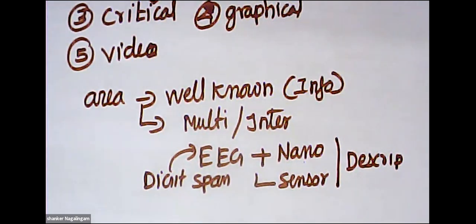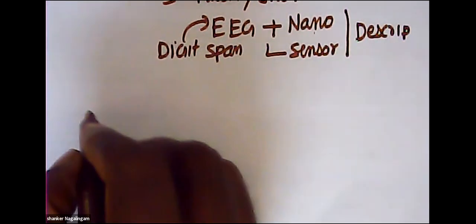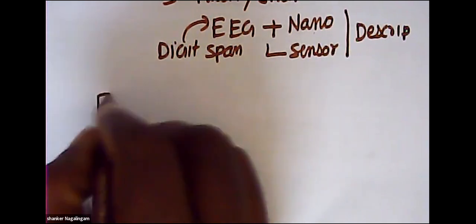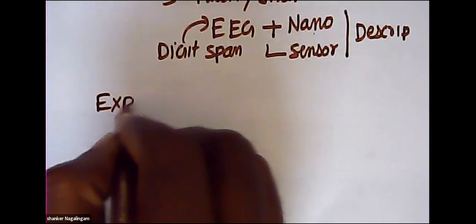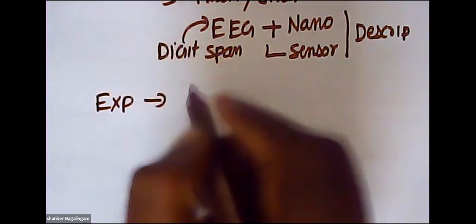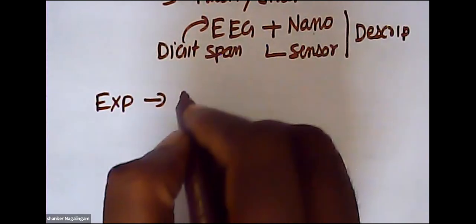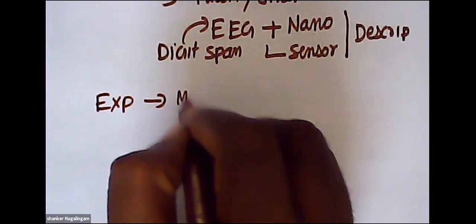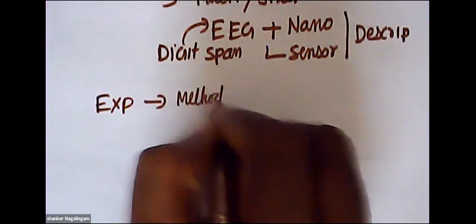If at all you want to do the writing, we can do it in this fashion. You start your research this way: you do your experimentation, you get your result, and then after experimentation, you write your methodology first. Methodology should be written in the journal.